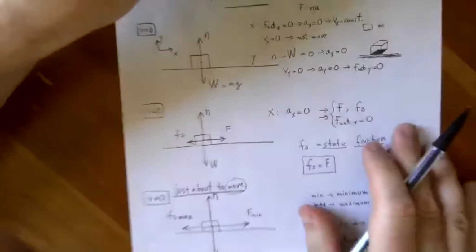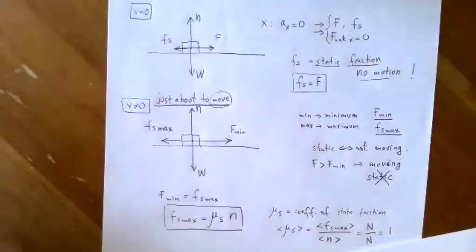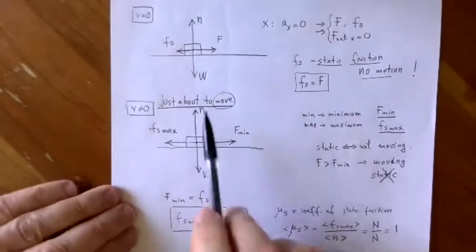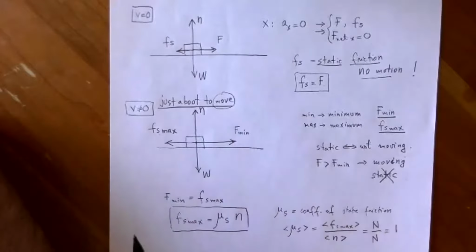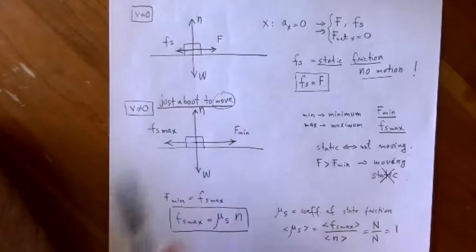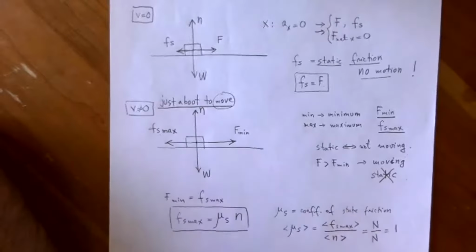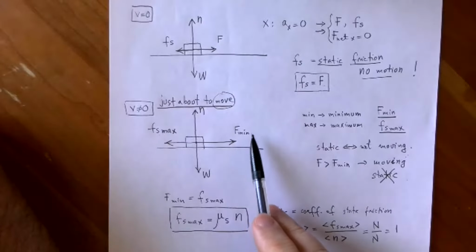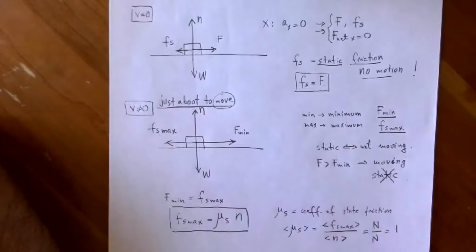Now I'm increasing the force until the object is just about to move. And these are the right words to use here, just about to move. So there will be a minimum force that I need to apply to the object for it to move.